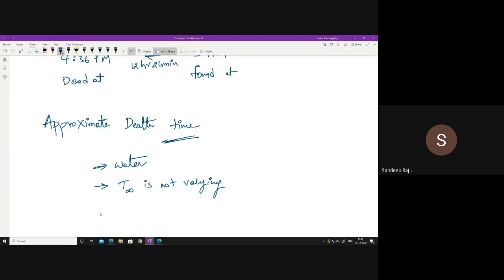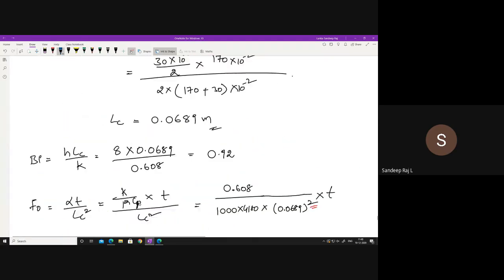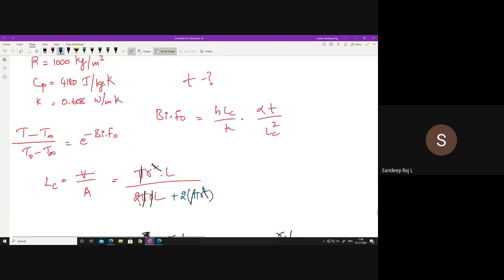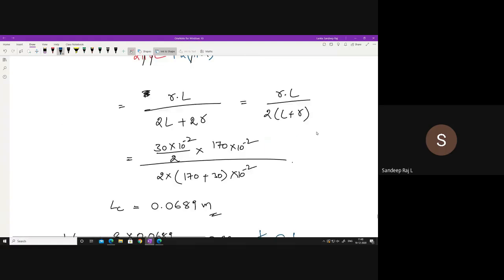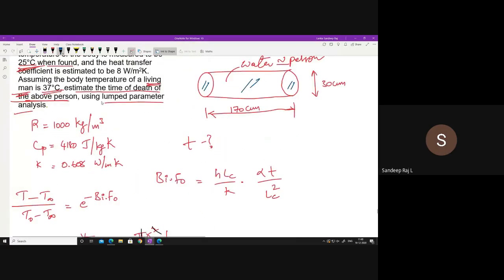This is one more approximation that we have considered. And one more thing is, it is considered as a lump, whereas it should not be. Strictly speaking, it should not be considered a lump because the Biot number is not less than 0.1. Biot number should be less than 0.1 to consider it. But here in the question he has clearly mentioned that you have to solve this problem using the lumped parameter system. That's why you have used the lumped system.